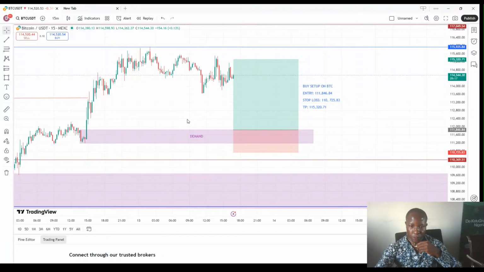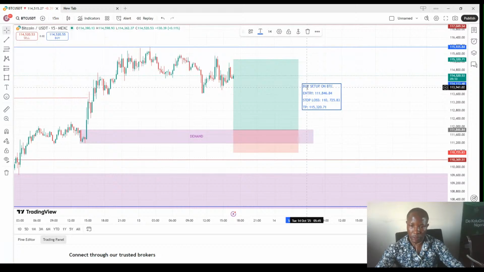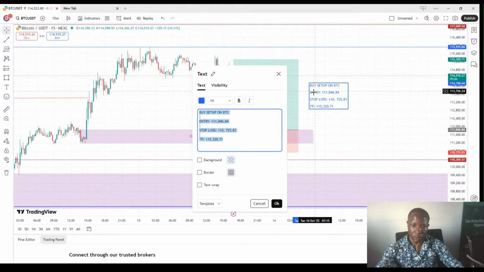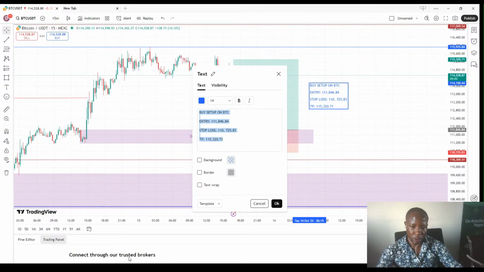I can as well copy it and drop it in the comment section. Let me see if I can copy it. Control C. Let me paste it in the comment section. Anyone that is willing to, you can see that everything is there. I've dropped everything in the comment section.